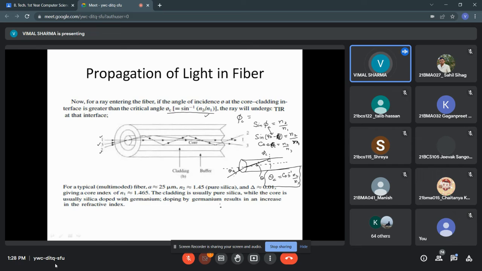Why is this important? This is important because this is the ray which will travel the longest distance through the optical fiber.